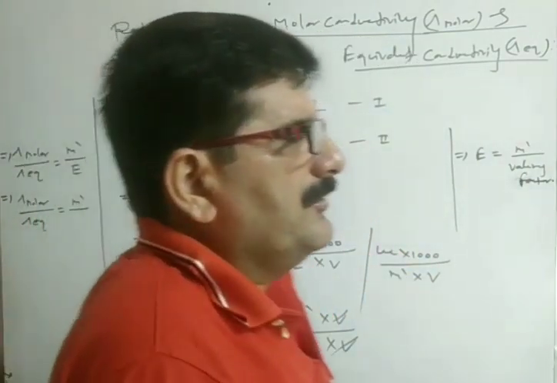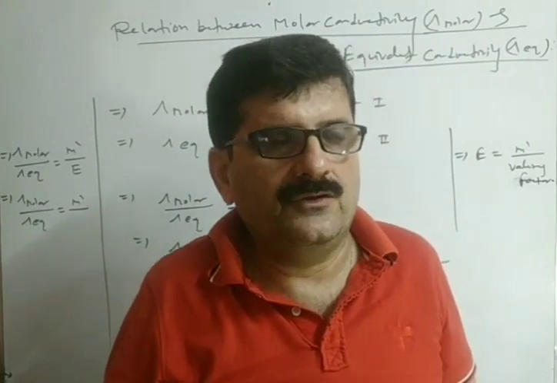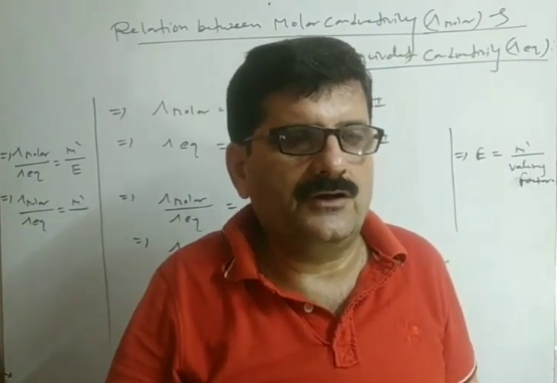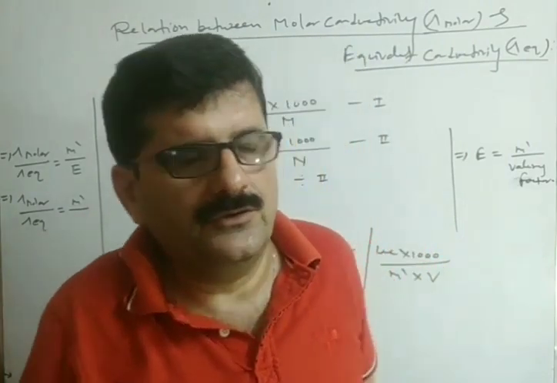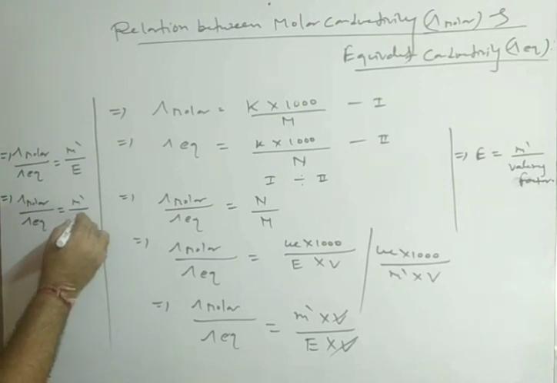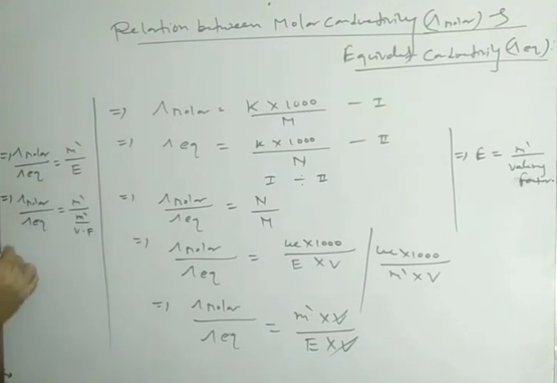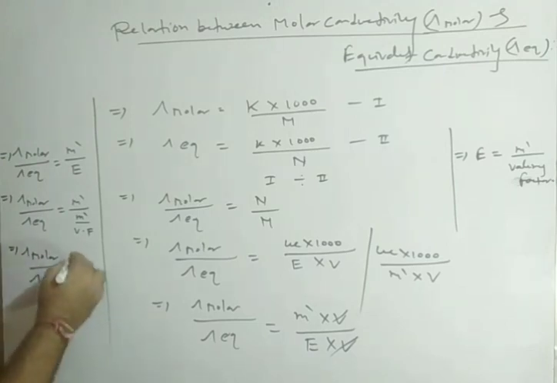Valency factor means what? Replaceable H+ or replaceable OH-, or the charge present on the cation, or you can say the charge present on the anion. So we can write M dash by valency factor, molar upon equivalent is the valency factor.